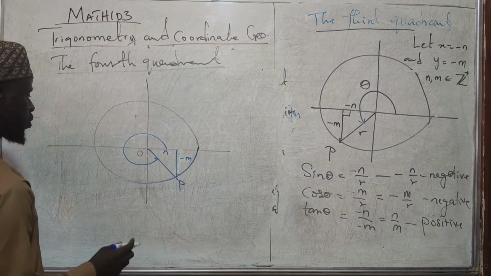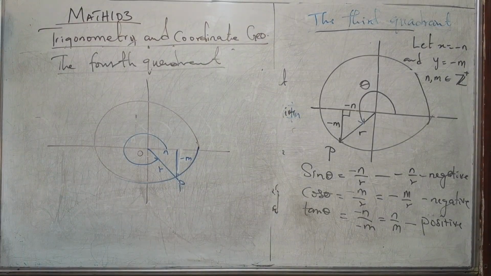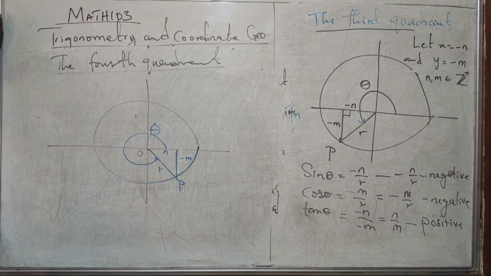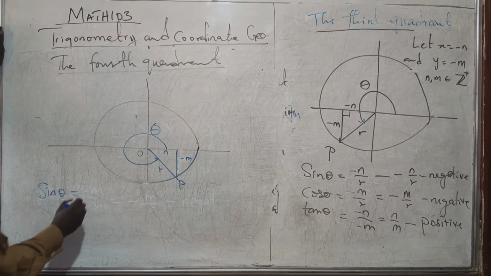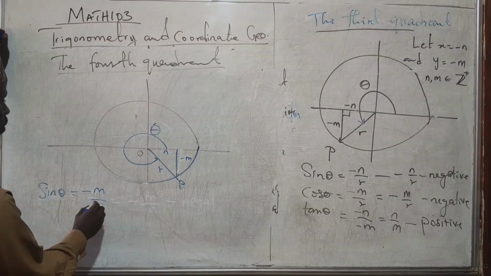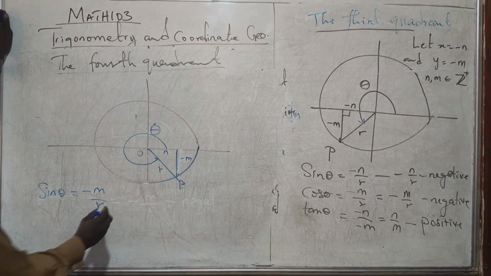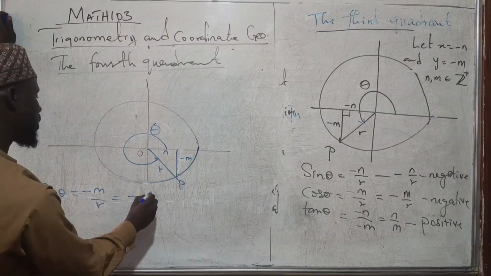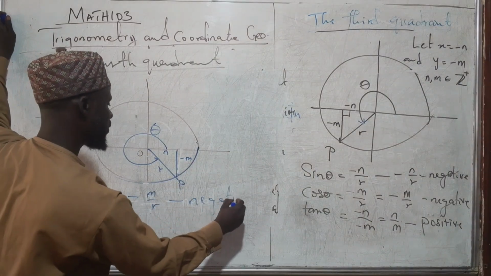There is no problem. And here is the radius of the circle. Here we will have sine theta to be minus m over r. That is opposite over hypotenuse, meaning sine theta is negative.